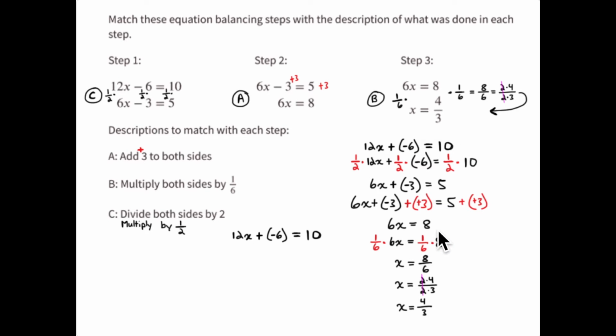It is the same thing down here. So you have 6x equals 8. So 1/6 of 6, so this is the multiplicative inverse of the 6 right here. So you get rid of the 6, it becomes 1. And 1/6 of 8. This is the same as 8 divided by 6. So if you have 8 cakes, and you're going to divide those 8 cakes among 6 people, each person is going to get 1 whole cake plus 2/6 of a cake.